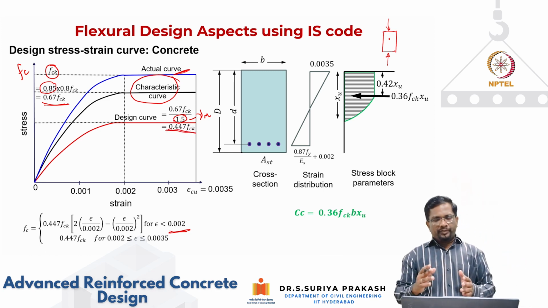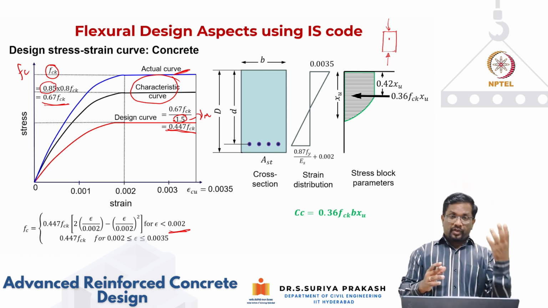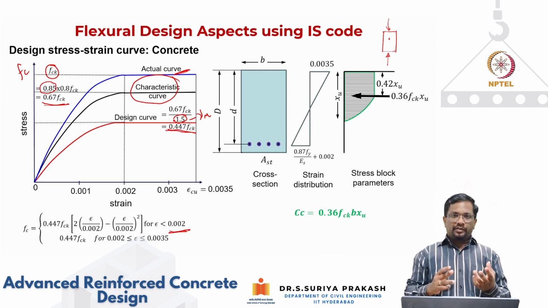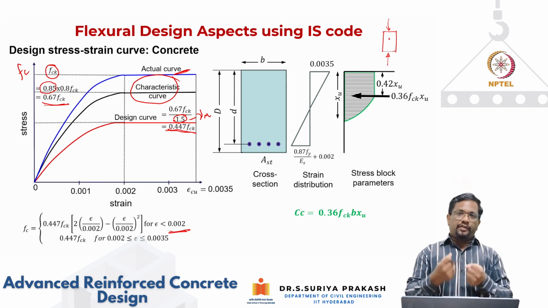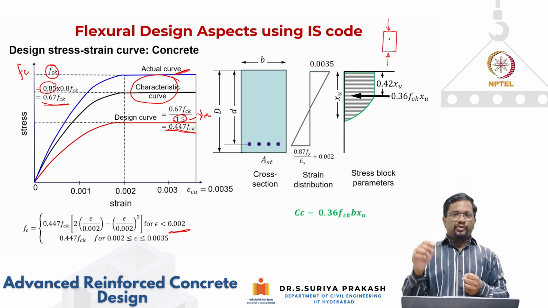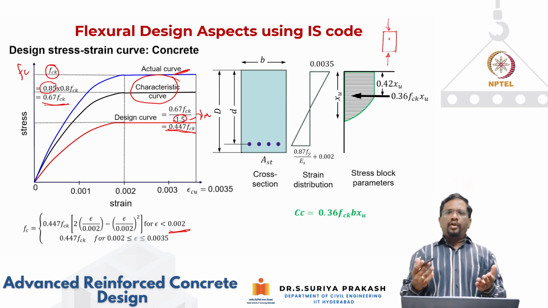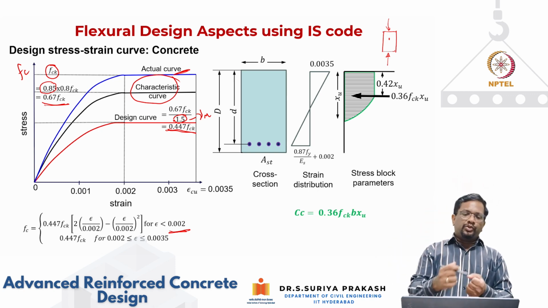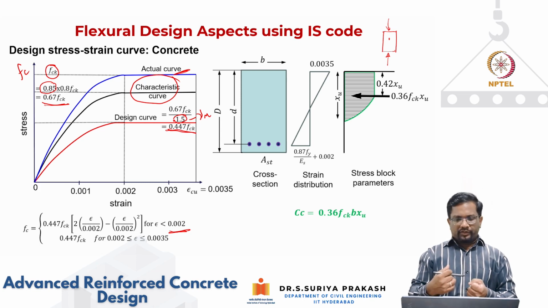So you can ask me, now if you look at concrete, first of all, it is not mean strength, we are using characteristic strength. Even in the characteristic strength, how much is the maximum stress that we are actually using in our design? It's only about 44.7 percent, 0.447 fck. Roughly about 45 percent of your characteristic strength is what we are assuming in our calculations.